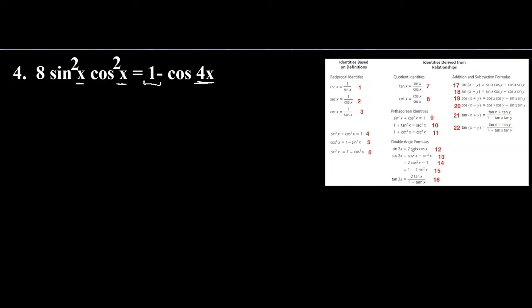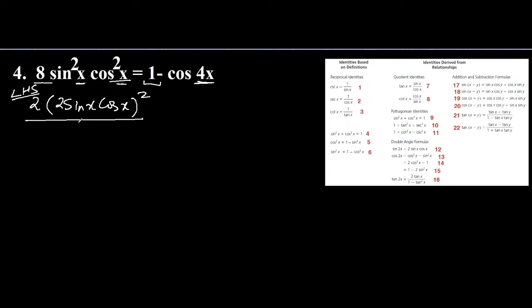It matches with number 12, but it has squares. So what can we do? We can separate 2 from this and write 2 times sine x cos x whole square. That is the LHS I have transformed.